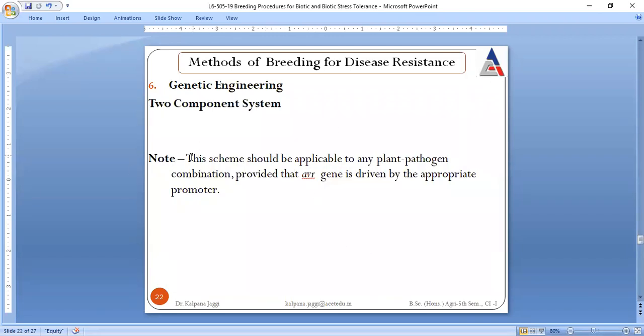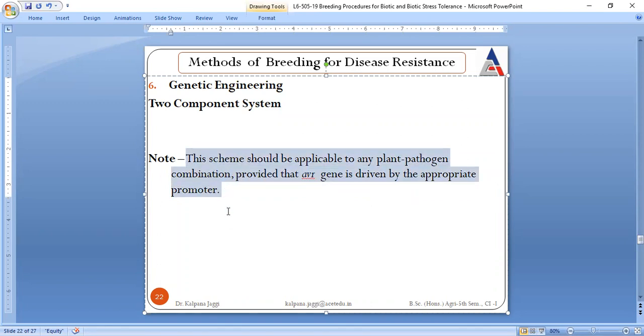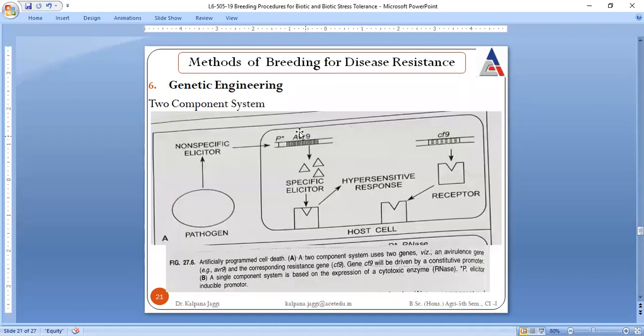So this is one of the things to be noticed in the case of a two component system. It is applicable to any plant pathogen combination, but the condition is that the AVR gene is to be driven by the appropriate promoter. That means this AVR gene is to be activated by a recognized promoter, right?